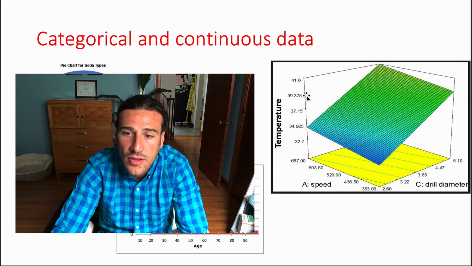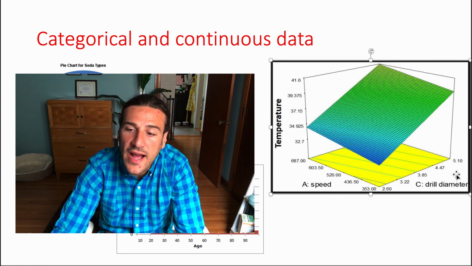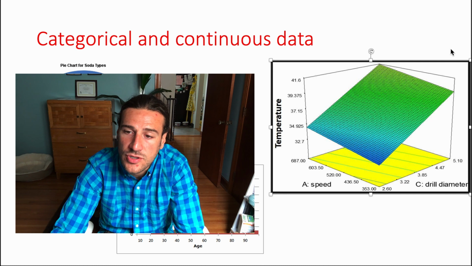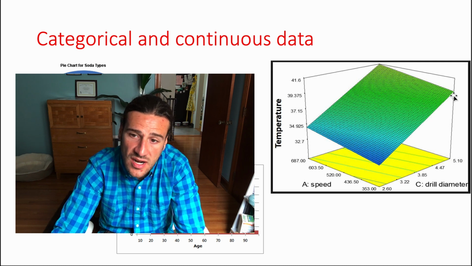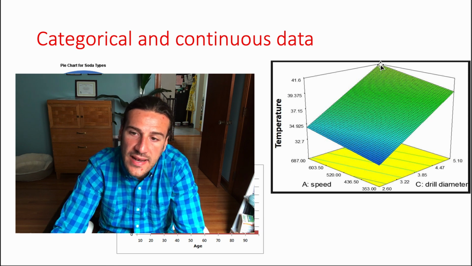It's going to be 39 degrees Celsius. However, if we have that 5.1 millimeter drill and we start to spin that drill at 687 RPMs, we know that the temperature of the drill is going to be 41.6 degrees Celsius.